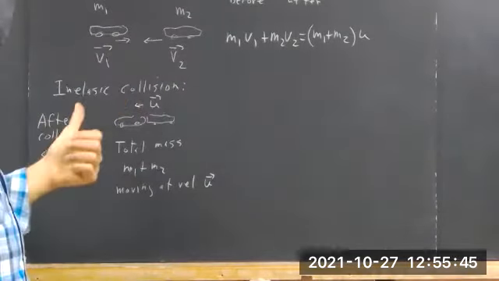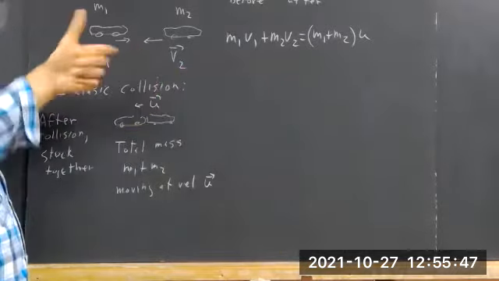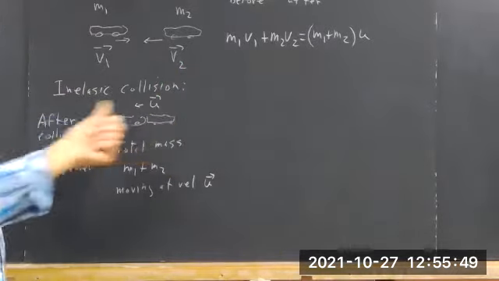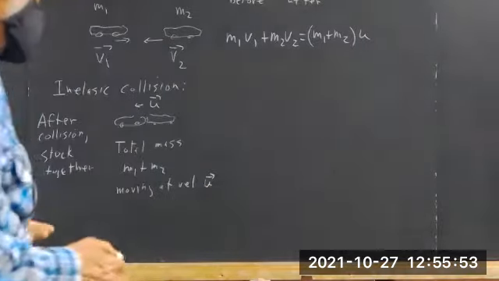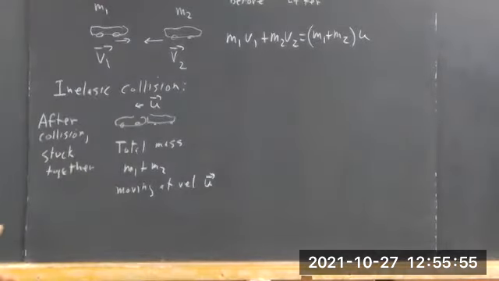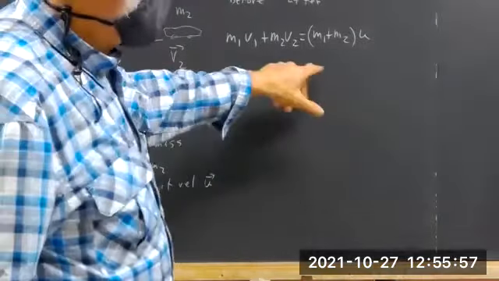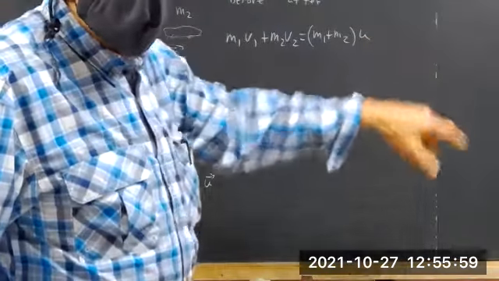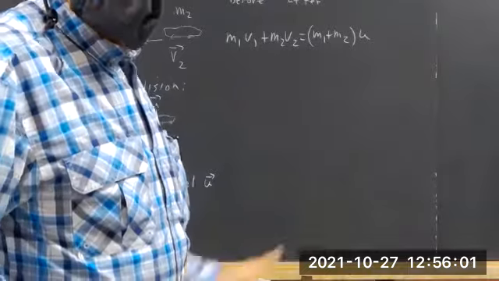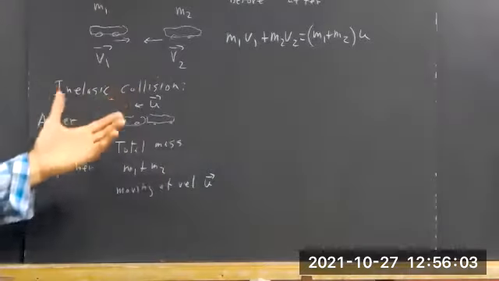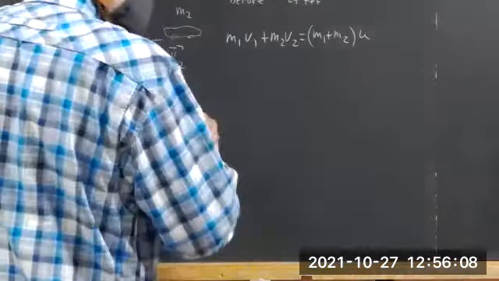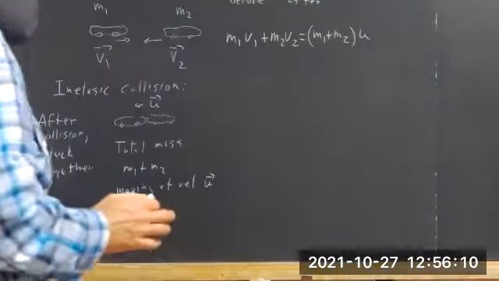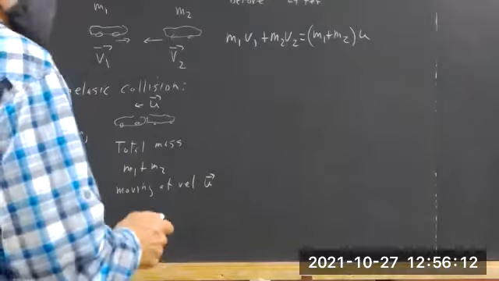Because we have V2 would be negative, V1 would be positive, and U. If the collision isn't inelastic, then the right-hand side would be M1U1 plus M2U2. You'd have a U1 and a U2 after collision. That would probably illustrate that, but I think you've already done some problems of that nature.